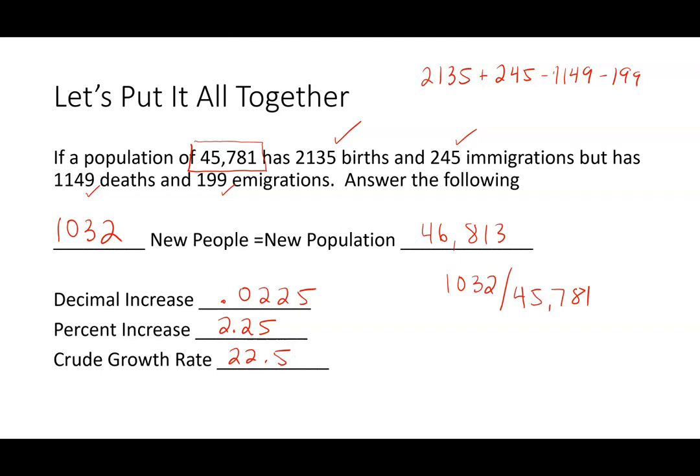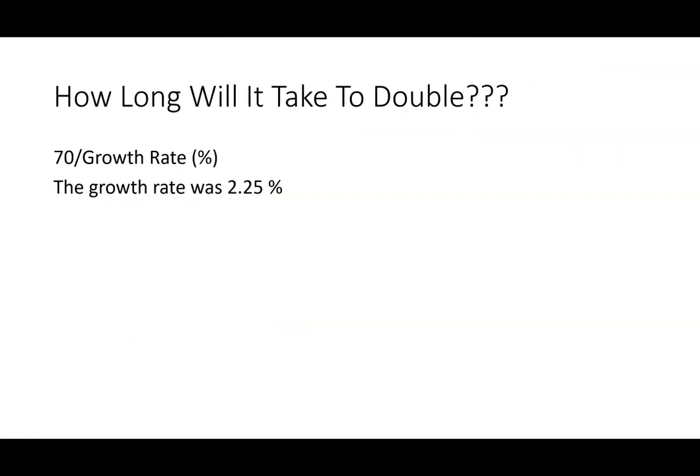Now I have every single thing I need in order to get my answer. And here's what I do. I want to know how long it's going to take my population to double. So I do this. Take the number 70 and I divide it by the population growth rate.